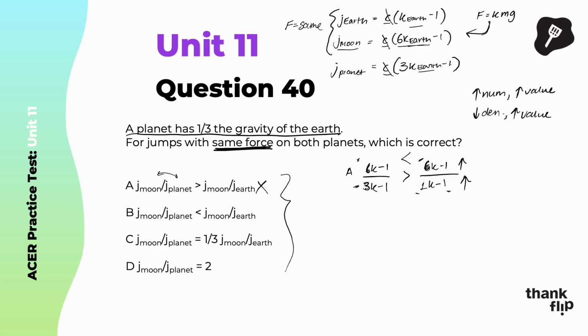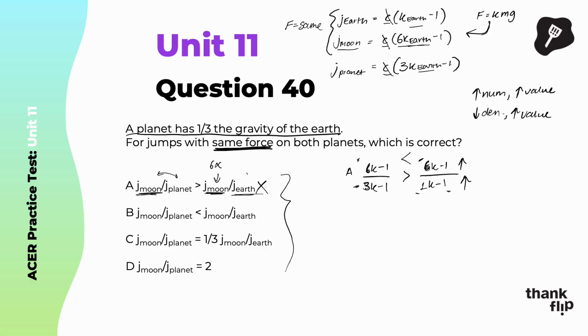And if you think about it logically, the jump that you experience on the moon, let's look at this one, moon, versus the jump you experience on the earth, if you're looking at the gravity is 1/6 here. So you're going to jump approximately 6 times as high as you are on the earth.